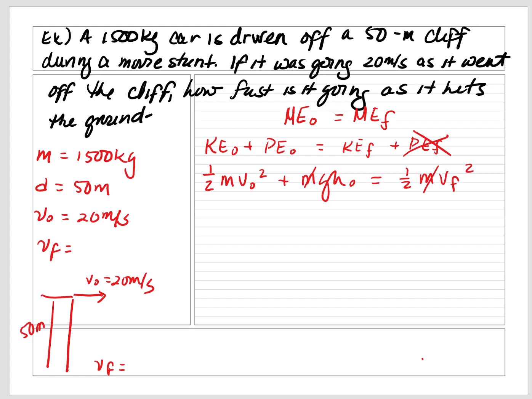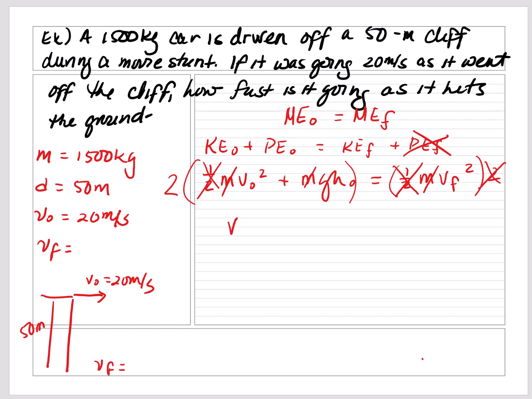All the masses cancel out, and I'm looking for V final, so I'm going to multiply everything by 2 because I need to isolate V final. The 2 cancels out with the half here, and also here.